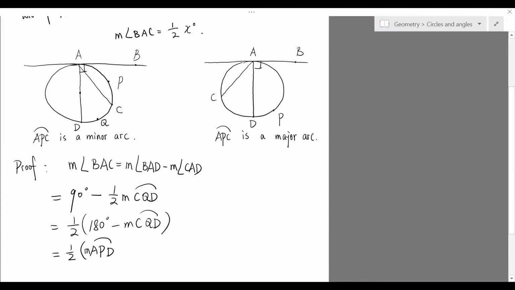So we could replace the 180 by the measure of this arc APD. When we refer to the diagram, we observe that if we take the arc CQD away from the semicircle APD, then what we're left with is precisely the arc APC.